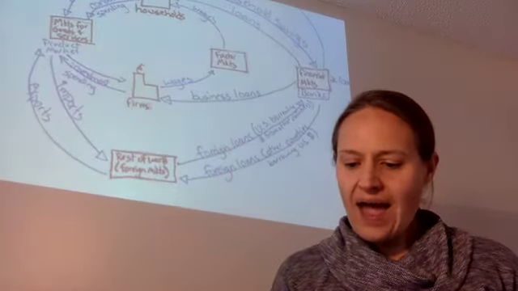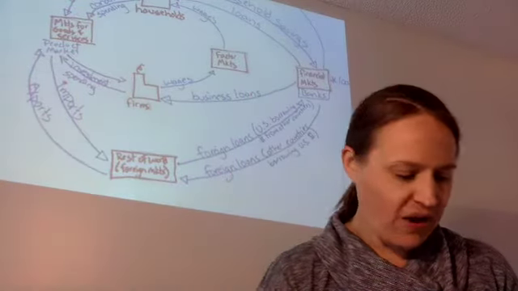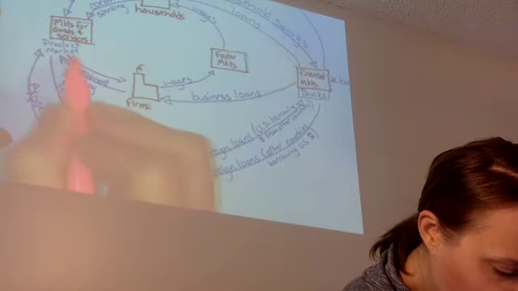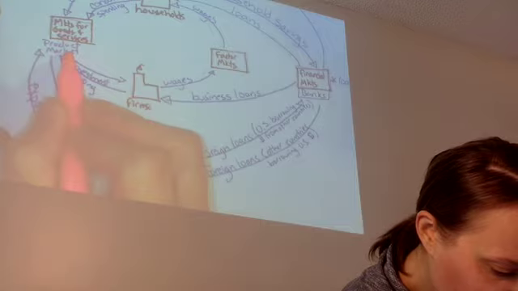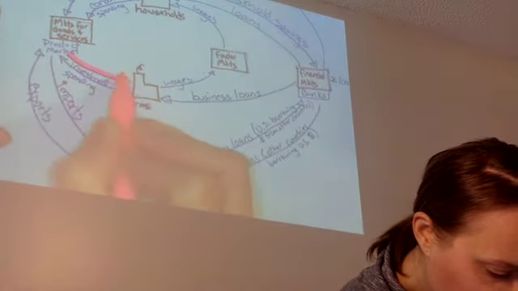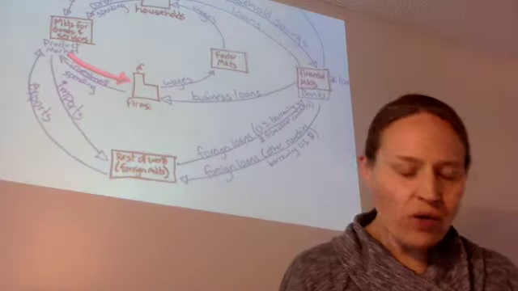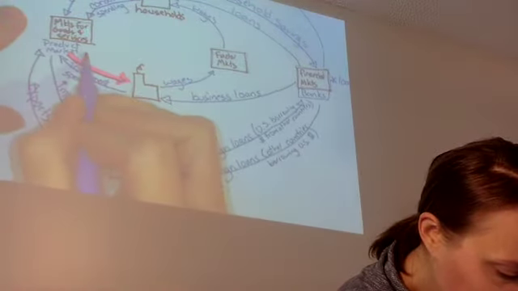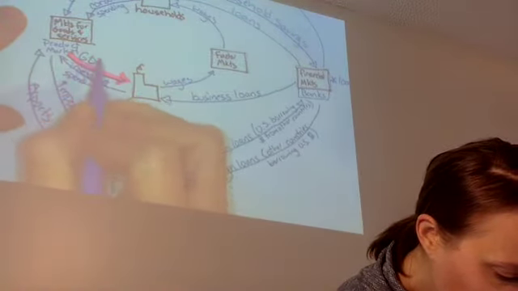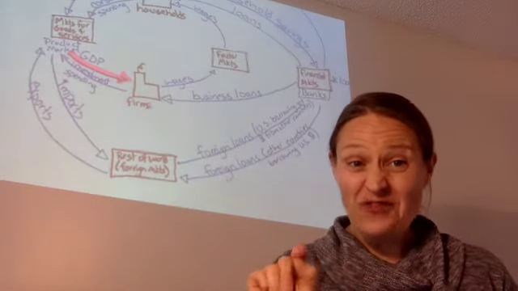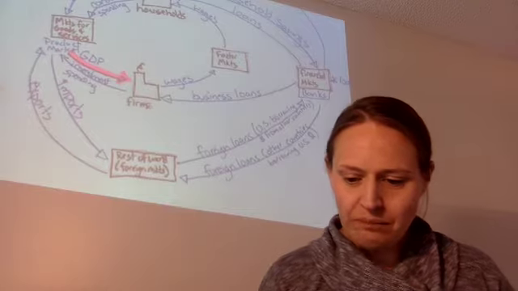Okay, we have one thing on here that we have not labeled yet, and that is this arrow going out of the product market and into businesses or firms. And we are going to call that GDP. And in our next module, we're going to define what that is.